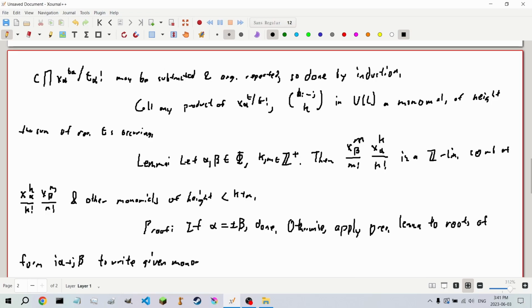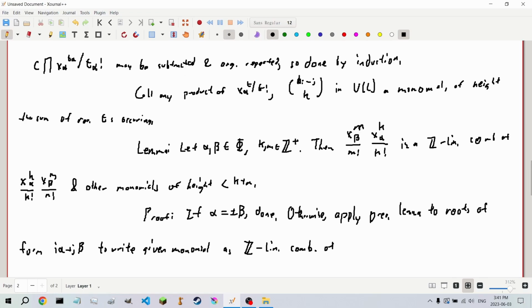as an integer linear combination of X i alpha to the k over k factorial times X beta to the m over m factorial and other monomials.